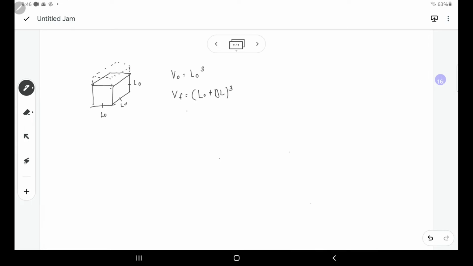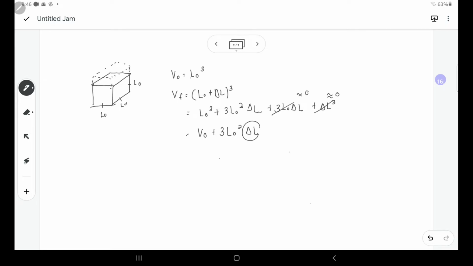Okay, so by using expansion, you will get L0 cube plus 3 L0 square delta L plus 3 L0 delta L square plus delta L cube. So these last two terms you can ignore because they are approximately equal to 0. So you know that L0 cube is equal to V0, right? So V0 plus 3 L0 square delta L.